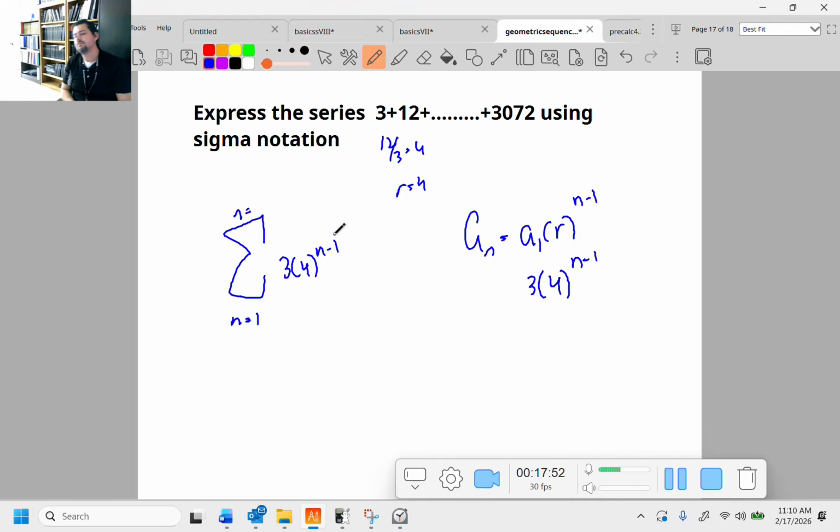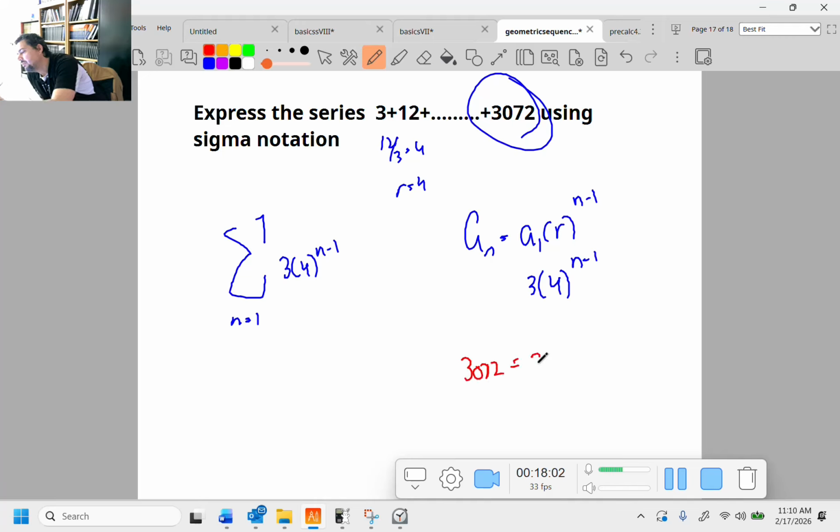All I got to do now is figure out where I stop. What's the top number going to be? Okay, plug in. 3072 must be equal to 3 times 4 to the n minus 1. And then I do math. I just do math. 3072 is divisible by 3. It's 1024. 1024 equals 4 to the n minus 1.